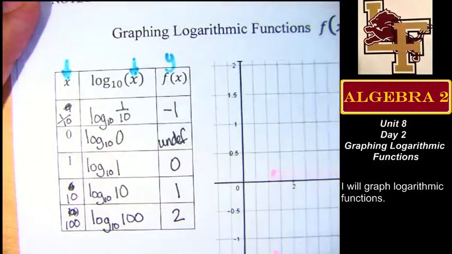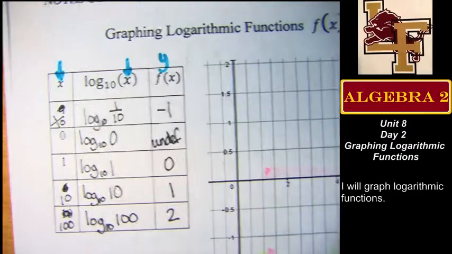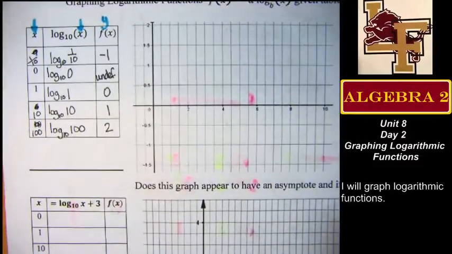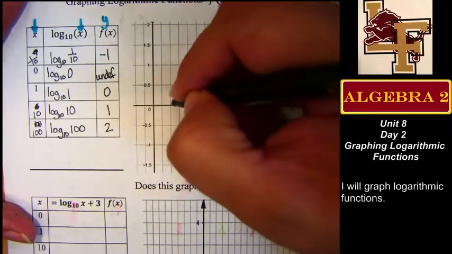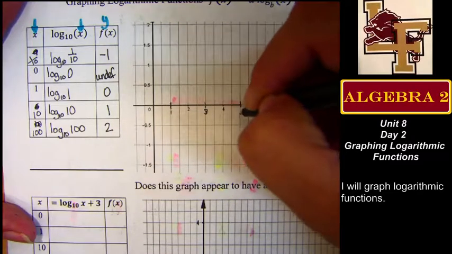undefined. We have a full table of values. We can start to try to graph the thing. All right. We're going to start with the first point. Our first point is x equals 1/10. Now, if I look at the scale of what I've already provided, it looks like every 2 tick marks is a whole number.